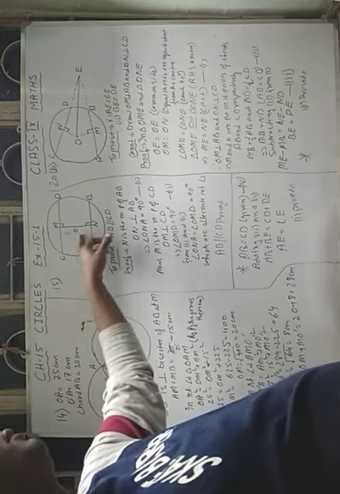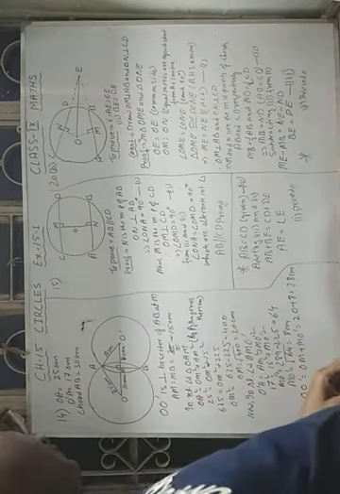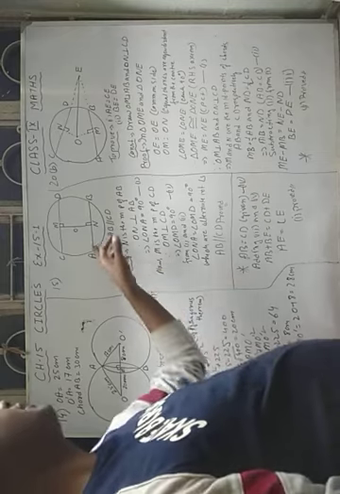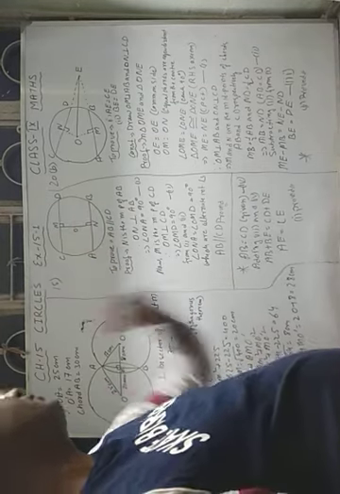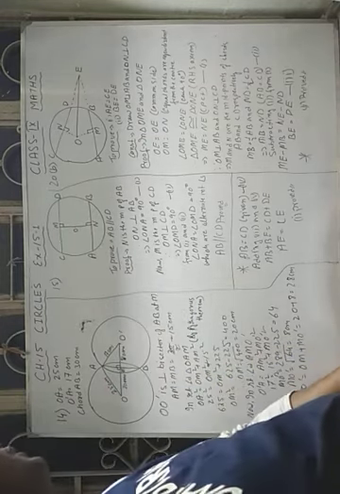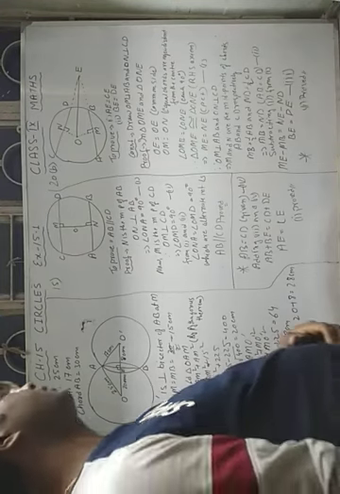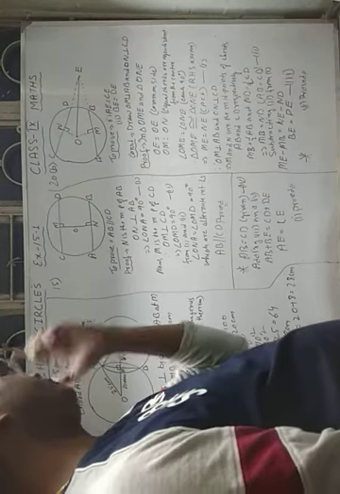O is the center, and you have to prove that the line AB is parallel to CD. So for that, I have taken the points of what you have to prove.